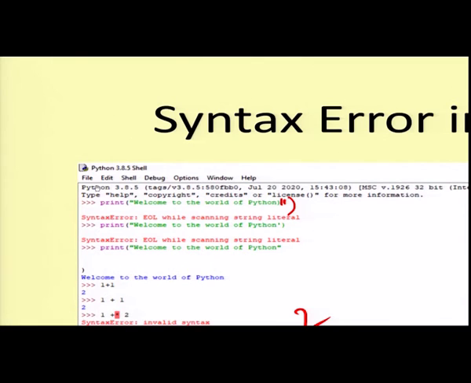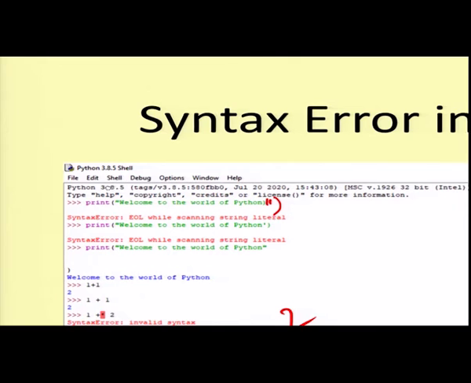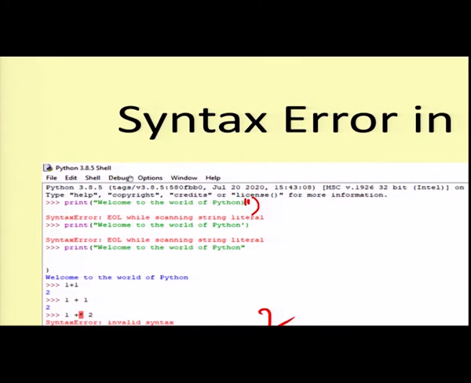Now let us see a few shortcut keys that are used in this IDLE. I suppose you have seen these many menus: file, edit, shell, debug, options, windows and help. I am not going to confuse you by showing all the shortcut keys available in this IDLE.